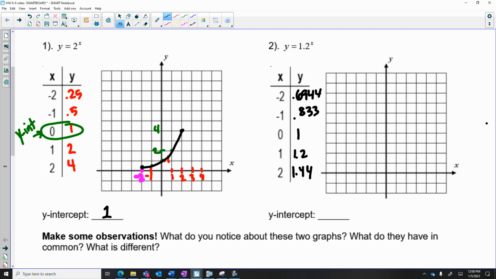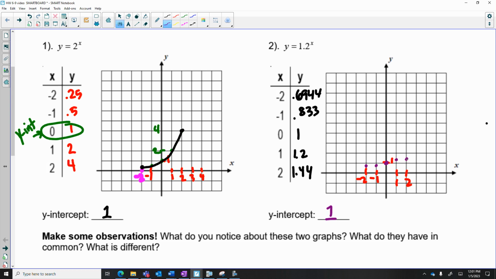And then we're going to graph it. So we have starting at -2, 0.69, so a little higher here, then -1, 0.83, 0, 1, same y-intercept, 1, 1.2, and 2, 1.44, okay?